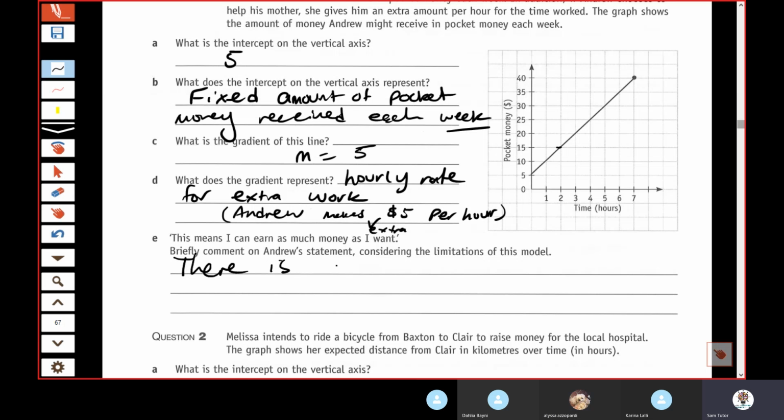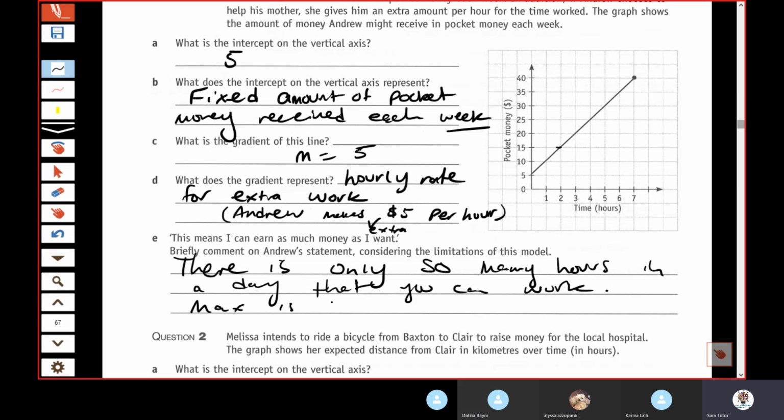There is only so many hours in a day that you can work. What is the limitation? The maximum is 24 hours a day. Possible? Not really.